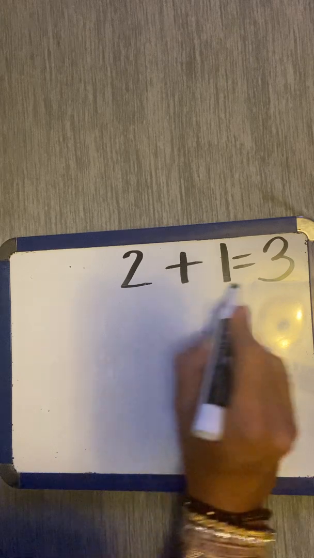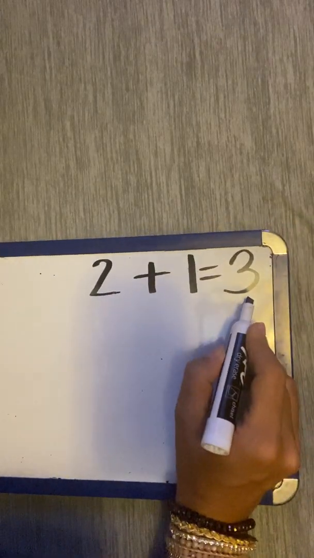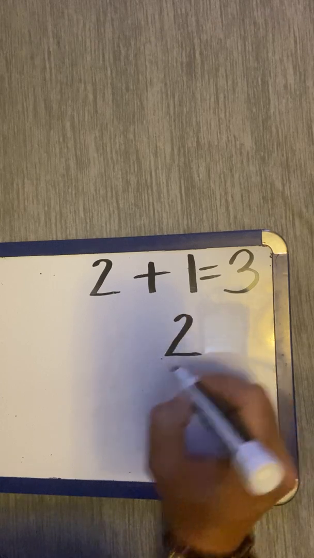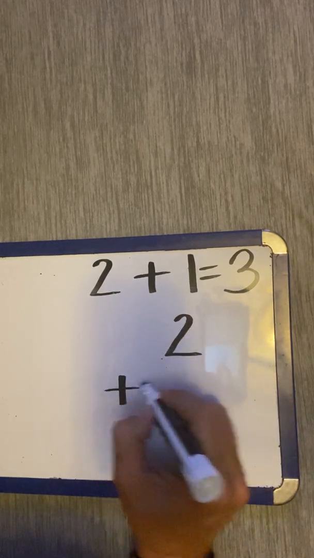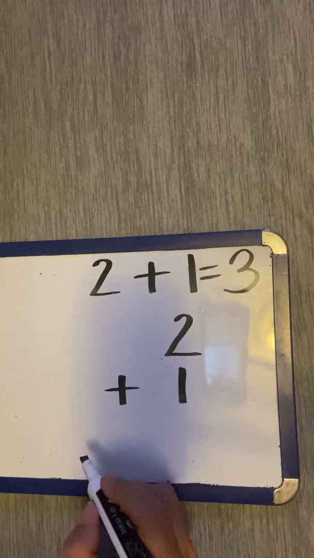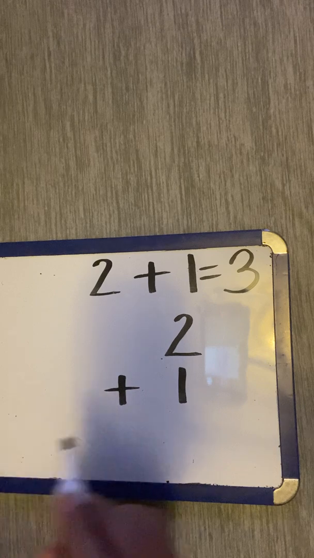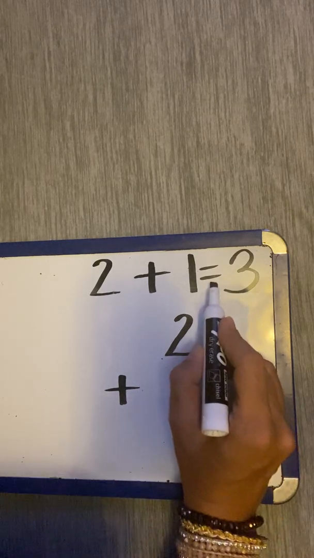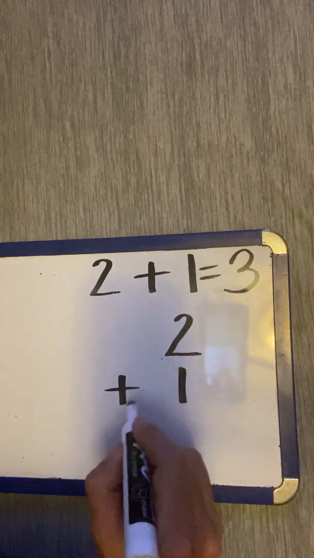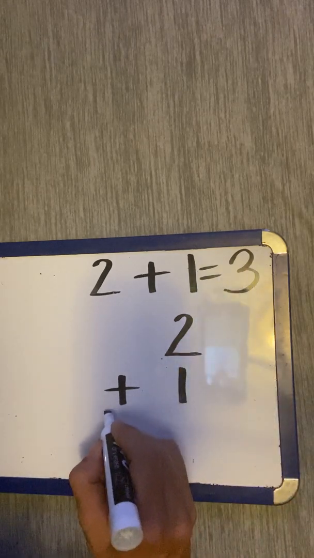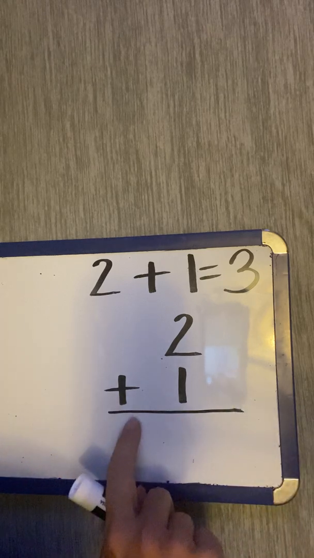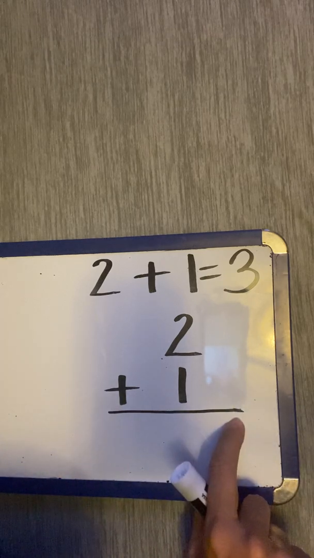I'm going to take this same problem, okay, and we're going to write it vertically. 2 plus 1, and the same problem, but except instead of writing the equal sign that we see here, when you write a problem vertically, the 1 line underneath, that represents equals, okay?